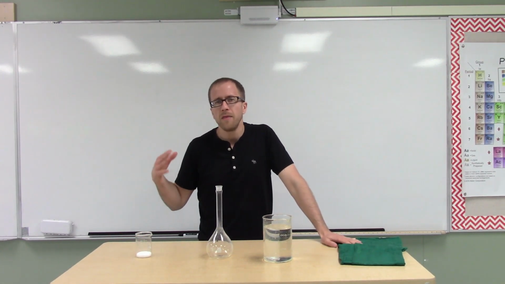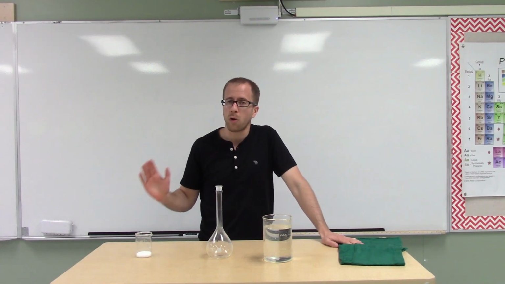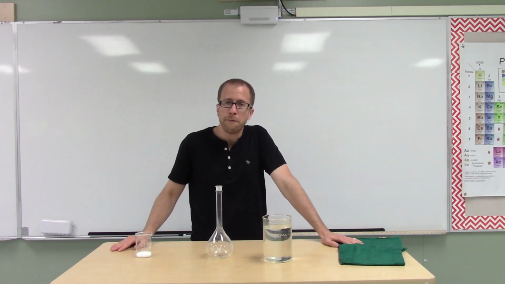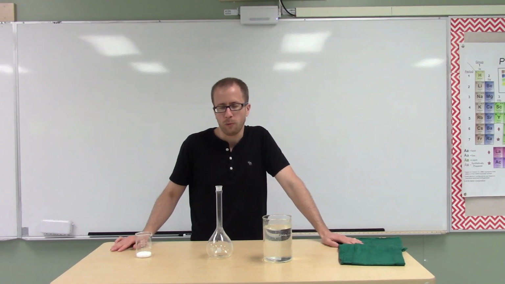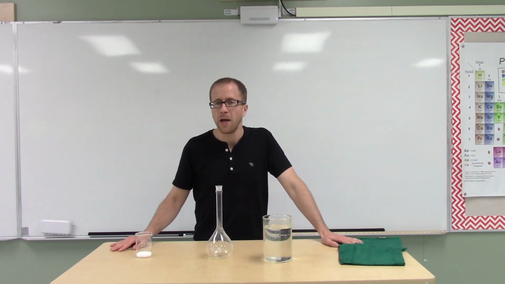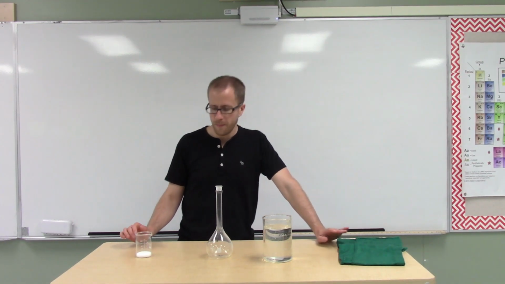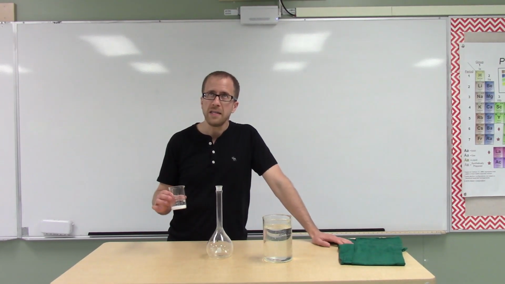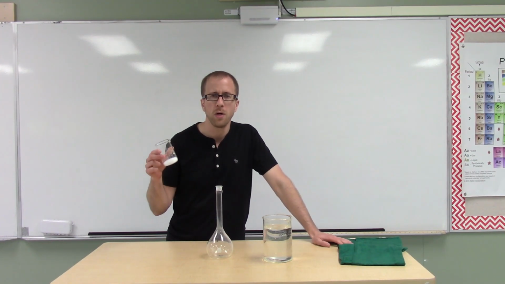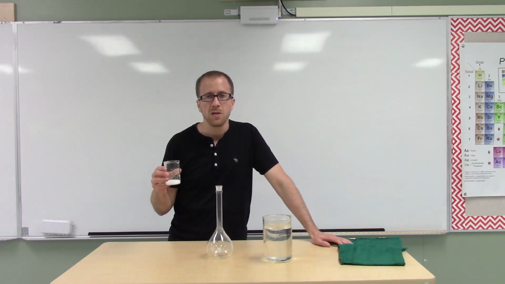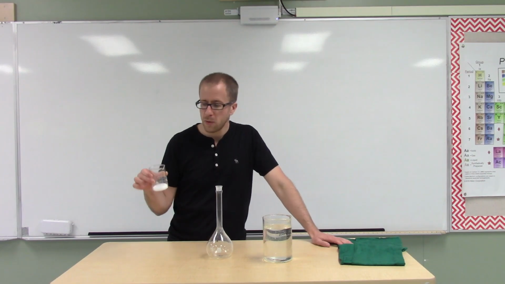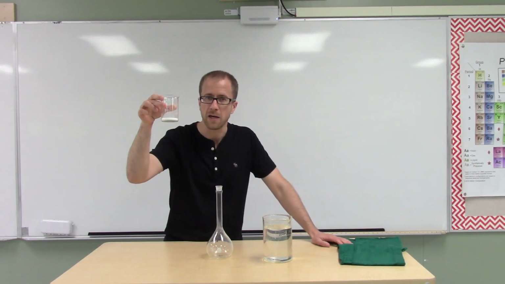So the molar mass of sodium chloride is 58.44 grams per mole, that means if I wanted to make my 1 molar solution, I'm going to need 29.22 grams of sodium chloride, which is exactly what I have right here.